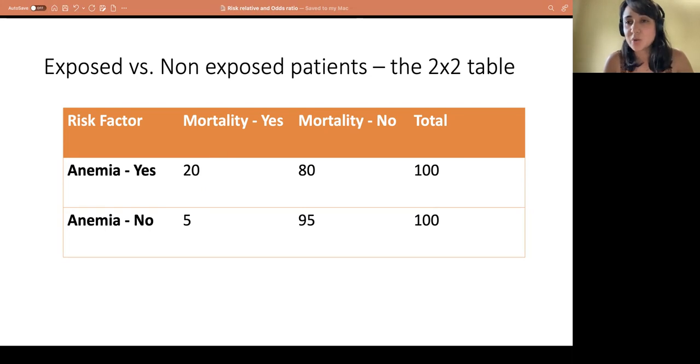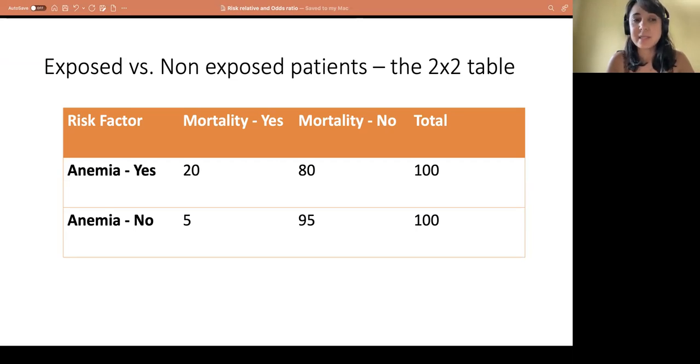However, we can also calculate the odds. But the odds is a different parameter, where we are not interested in the total population at risk. Why? Because sometimes we don't know the number of the population at risk of dying. So we will calculate the odds.